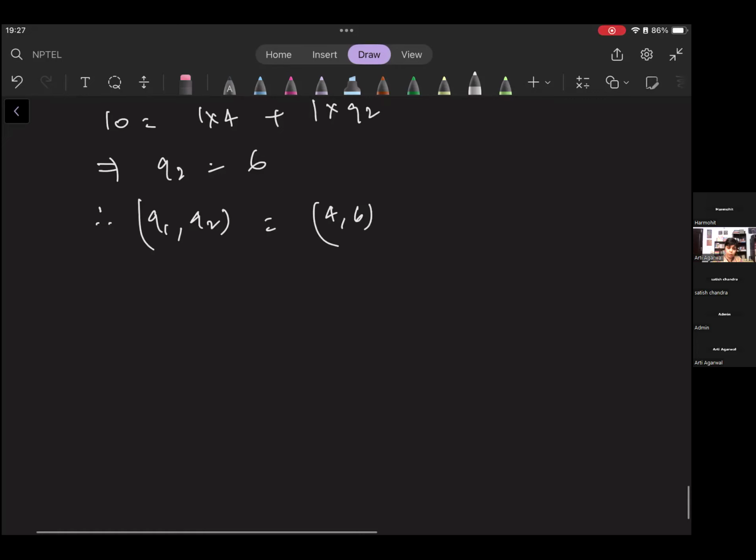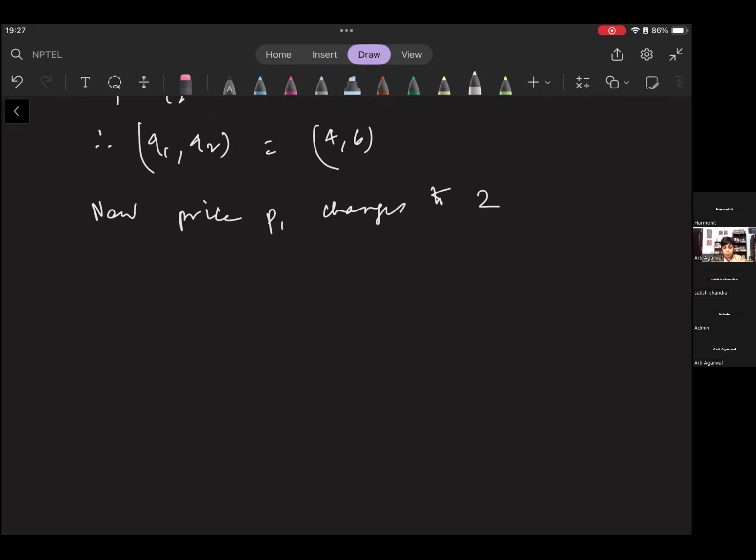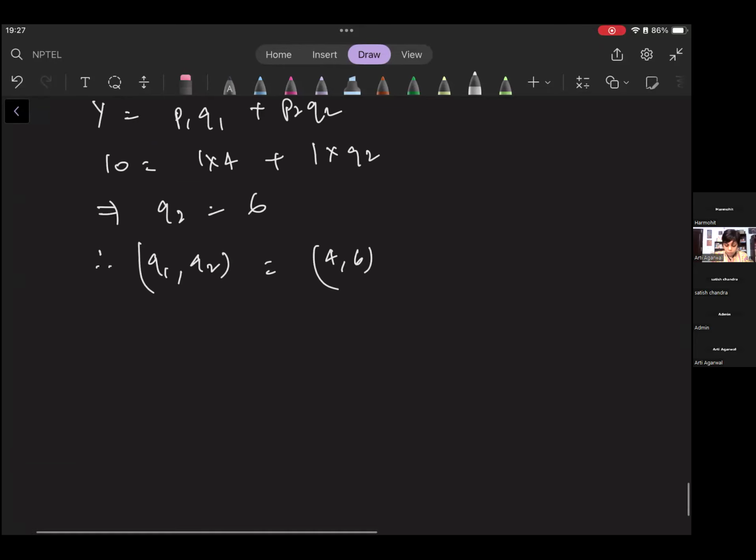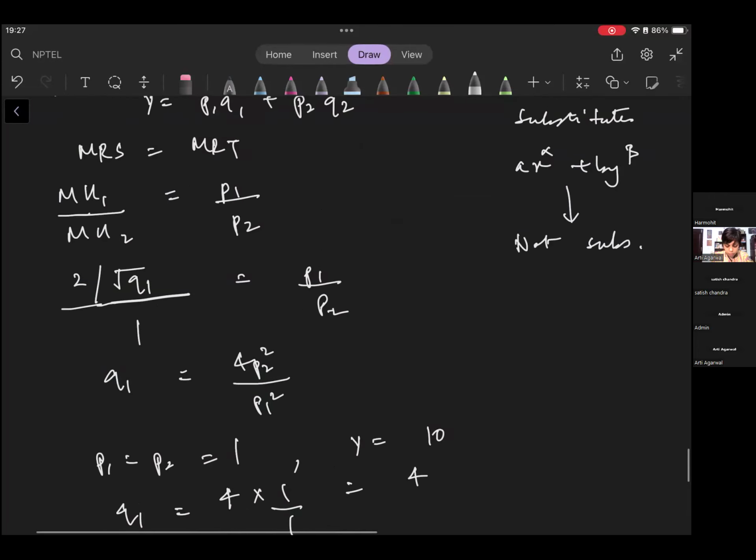Now let's read the question. The price P1 changes to 2. Before we come to the price change, let us first calculate the initial utility.